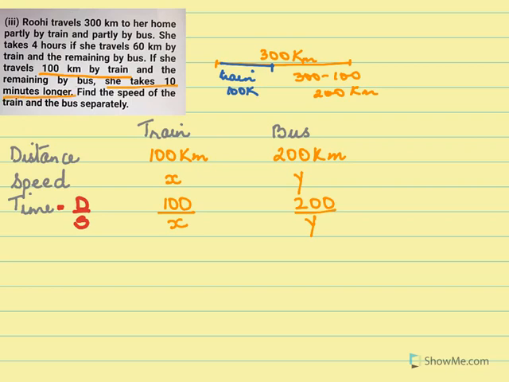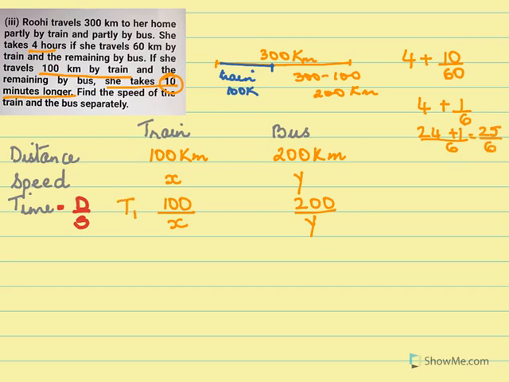So earlier she took 4 hours. Now she's taking 10 minutes longer. So plus 10 by 60, because it is 10 minutes and you have to convert it into hours. So it is 4 plus 1 by 6. You take the LCM, 24 plus 1 over 6, that is 25 by 6.